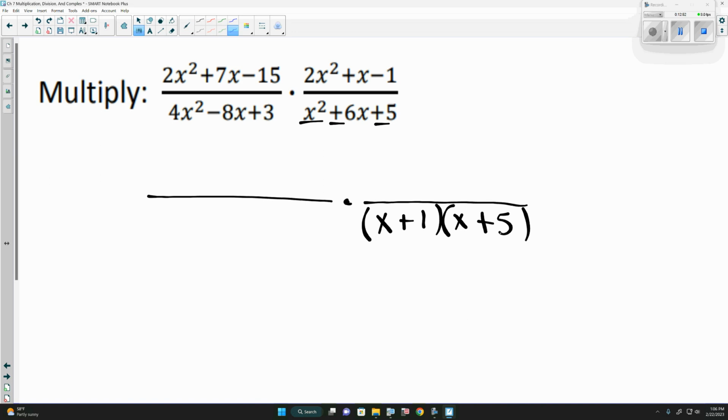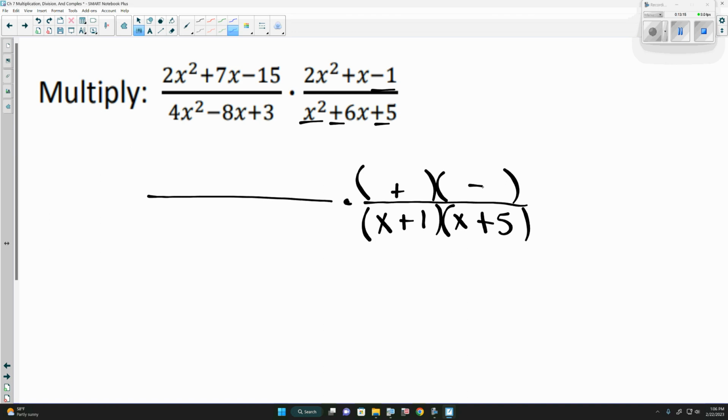2x squared plus x minus 1. Well, there's not a greatest common factor, so we have 2 sets of parentheses. Now we look at the third term. If the third term is positive, the signs are the same and match the sign of the middle term. If the third term is negative, they are opposite. It's negative, so we would have them be plus and minus.